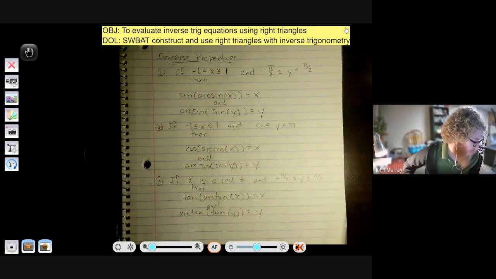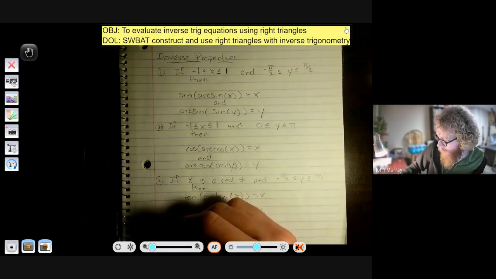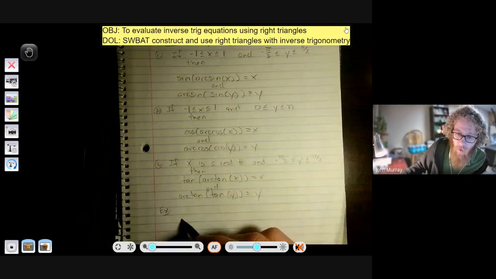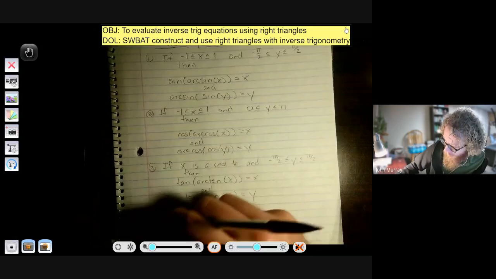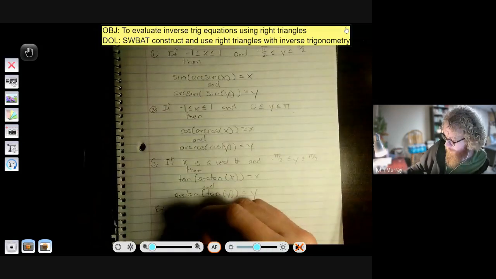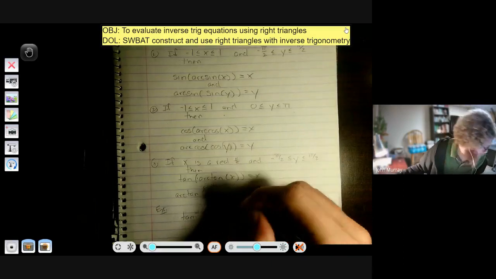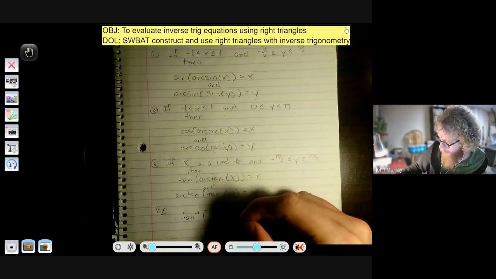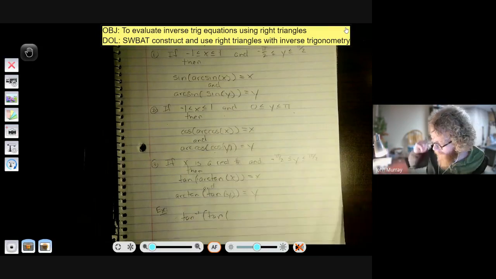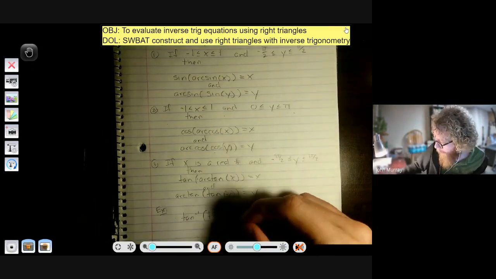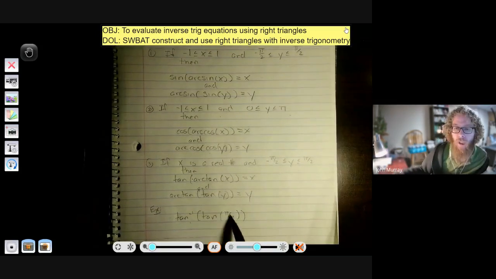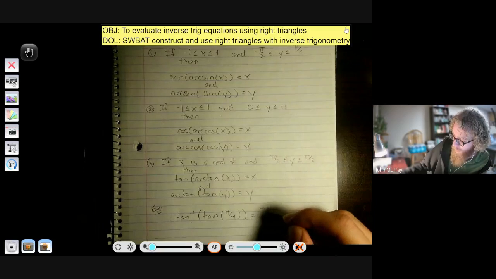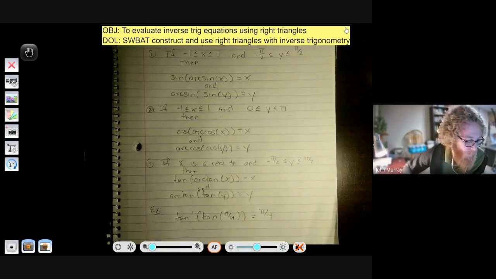Right, so if you see them next to each other, then you can automatically eliminate them. So if we saw something like this, with the inverse tangent of the tangent of pi over 4, that just leaves us with what's on the inside, the pi over 4.